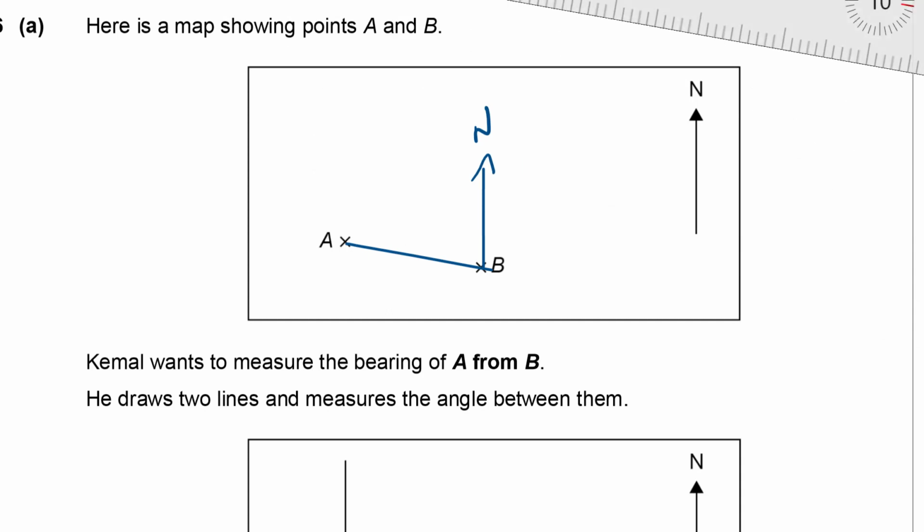Unless you've got a circular protractor, that's impossible. More likely you measure the other angle, take it away from 360, and that will tell you what's left.